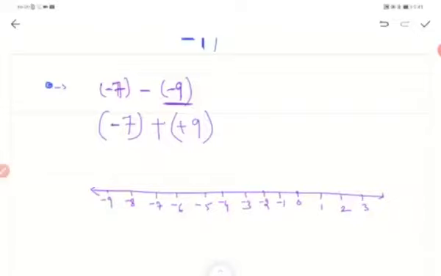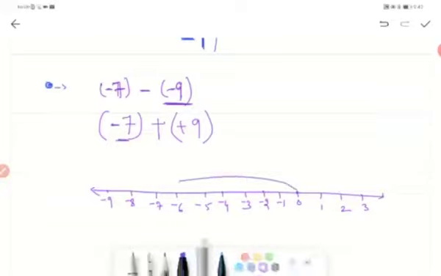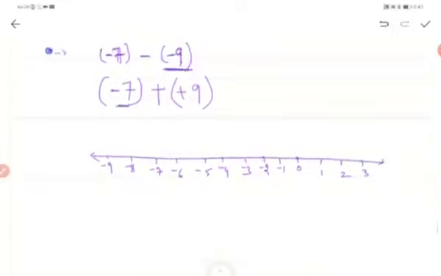Now it's the same as what you plotted for addition, right? So you take -7 first. From 0 I'm going towards minus. Since it is -7, I will go downward. You can go upward also, that is not at all wrong, but it is going in the opposite direction, that is the only difference.